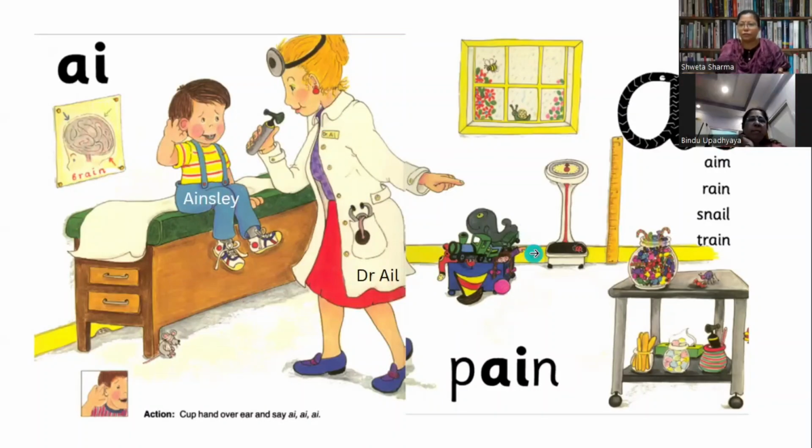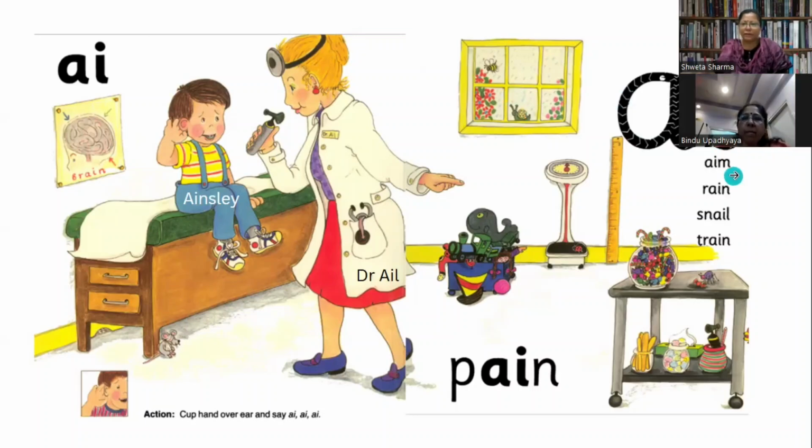But before we read the story, try to find the words which have the sound a in them. This first picture which you see in the corner, this is a picture of a brain. Good. What else is there? Can you see something on the window? Snail. Yes, there's a snail. Anything more which is given here in the words?